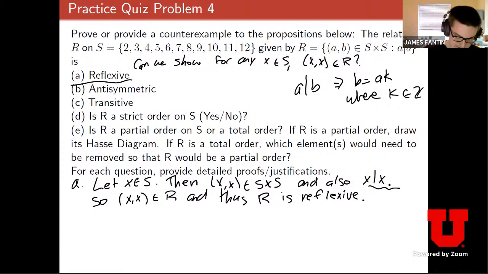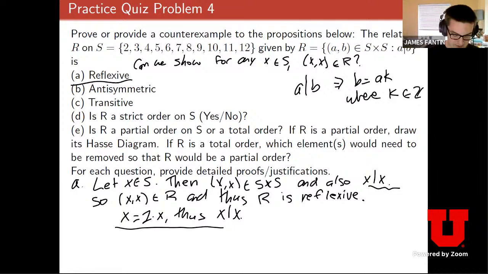We could add that X is equal to 1 times X, so by definition X divides X. That would be a little more explanation, but for this, it's fine to say that X divides X, because this is such a trivial thing. It's mostly just by definition that any number divides itself.